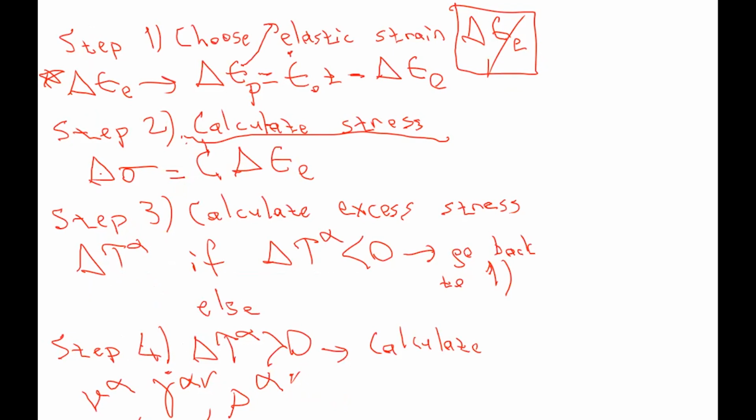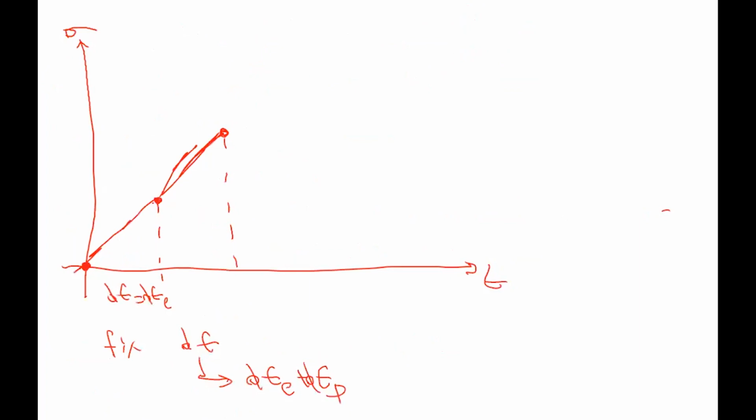Then you calculate the excess stress. Excess stress is just elastic strain times the Young's modulus. Then you just add this excess strain on top of the previous strain till some point, all right, here, let's say you also get this point, all right?